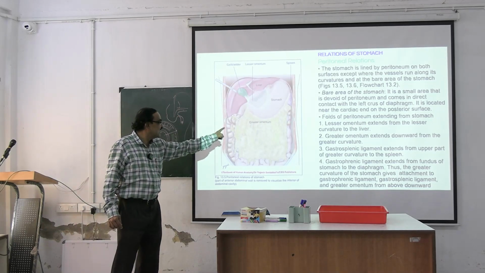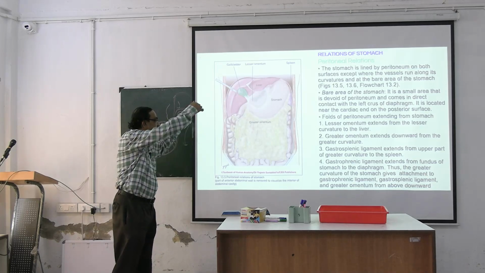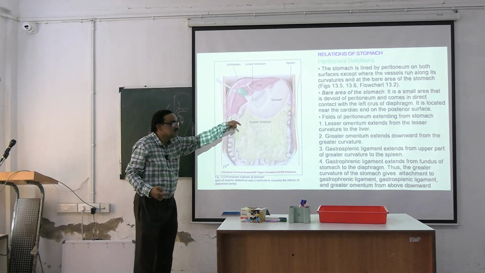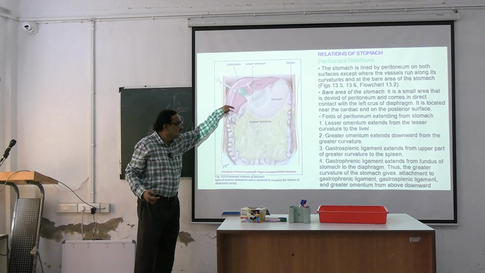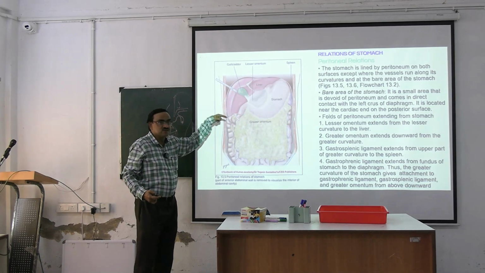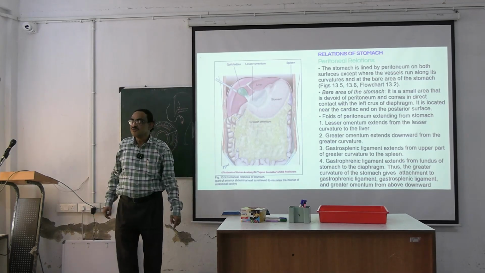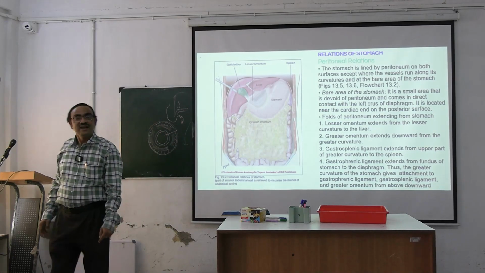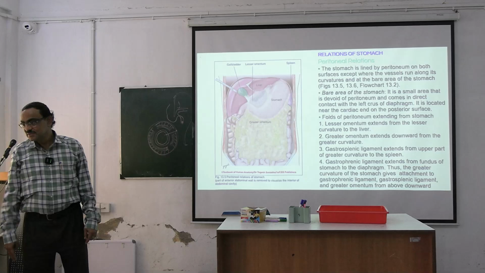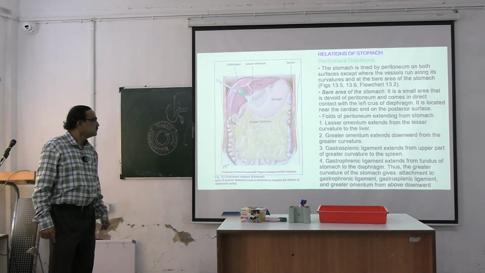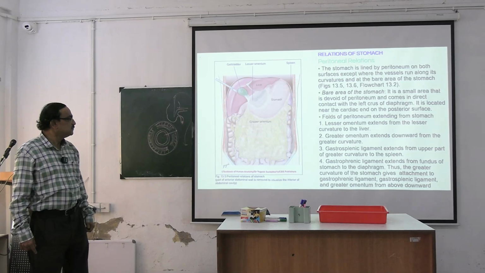And another arterial necklace is from the right gastroepiploic and left gastroepiploic arteries. So there is another arterial necklace around the greater curvature. So it obeys a rule of 2. Okay.